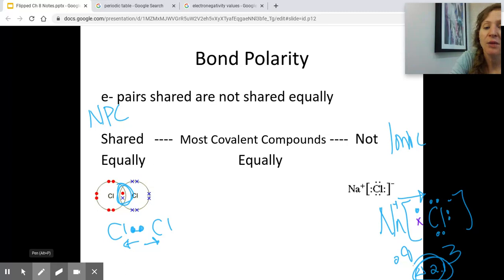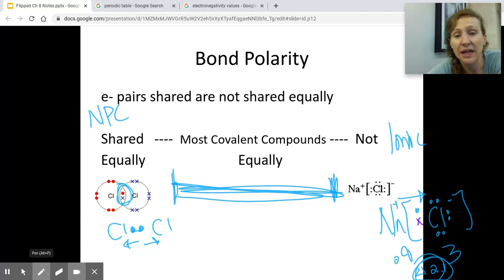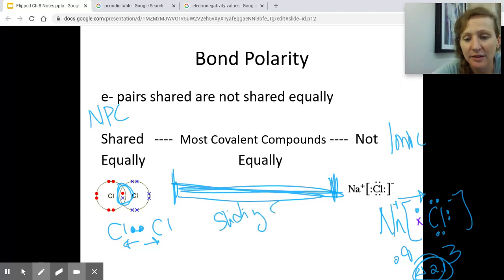Most covalent compounds fall somewhere in here. Polar bonds are going to be a sliding scale. It could be a difference of 0.4, it could be 0.8, it could be 1.9. So there's a sliding scale of polar molecules.